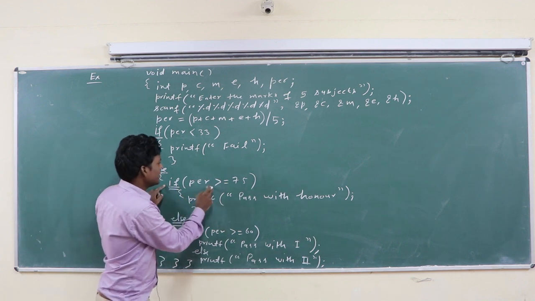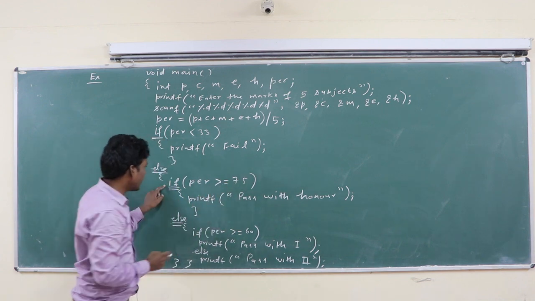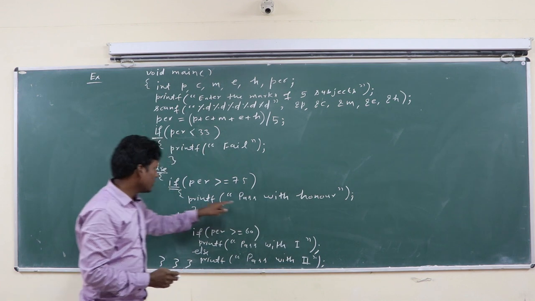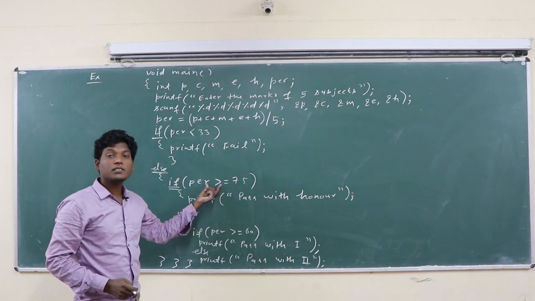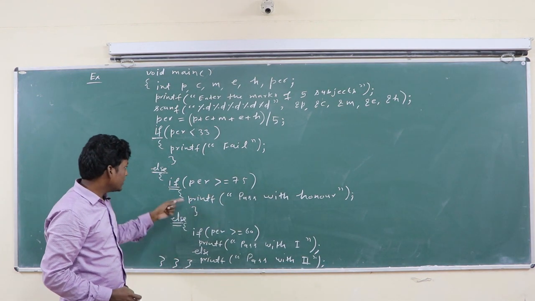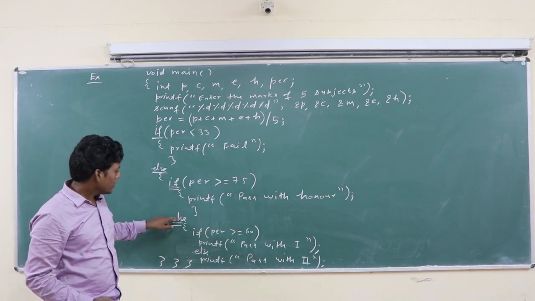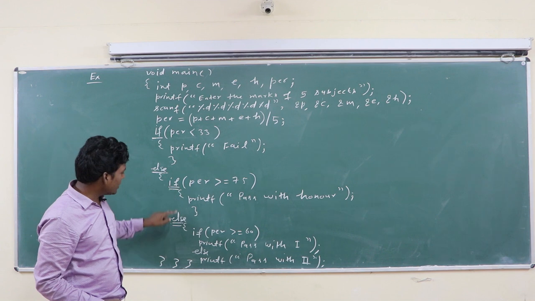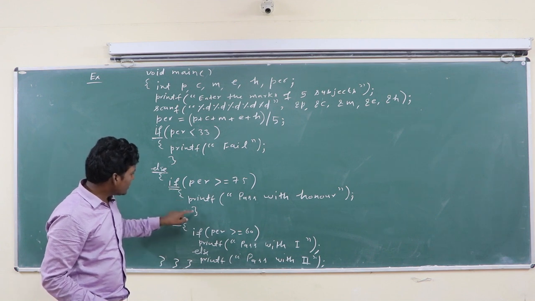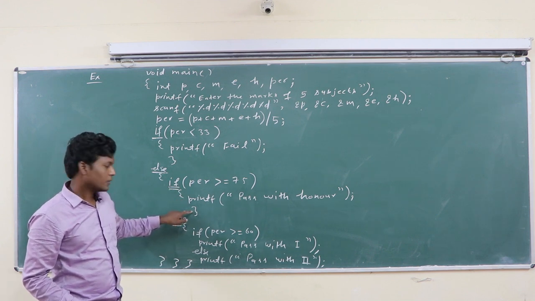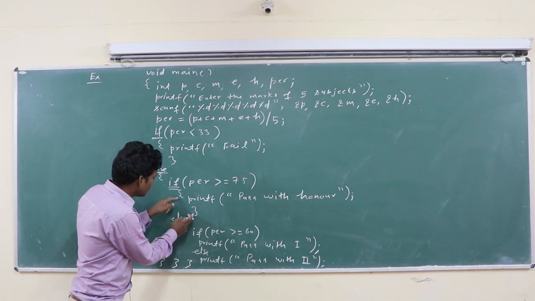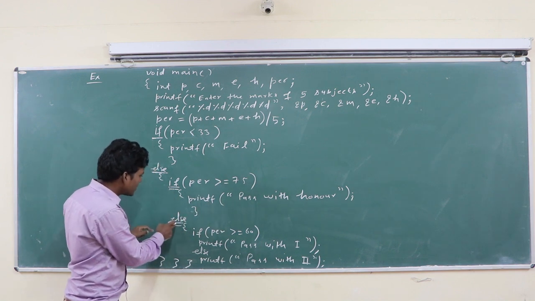Now if percentage is greater than or equal to 75, pass with honor. If it is not true, then its else will start, but only when this if is closed.